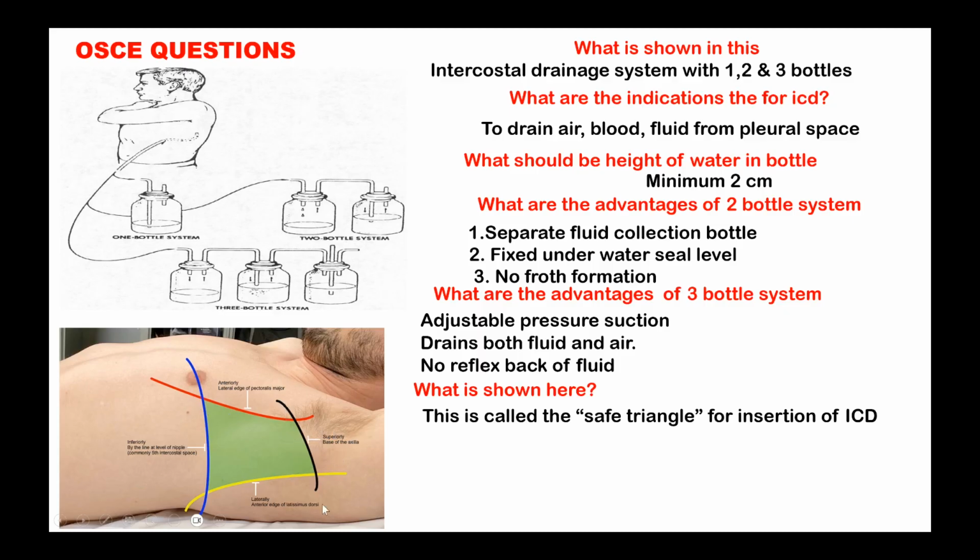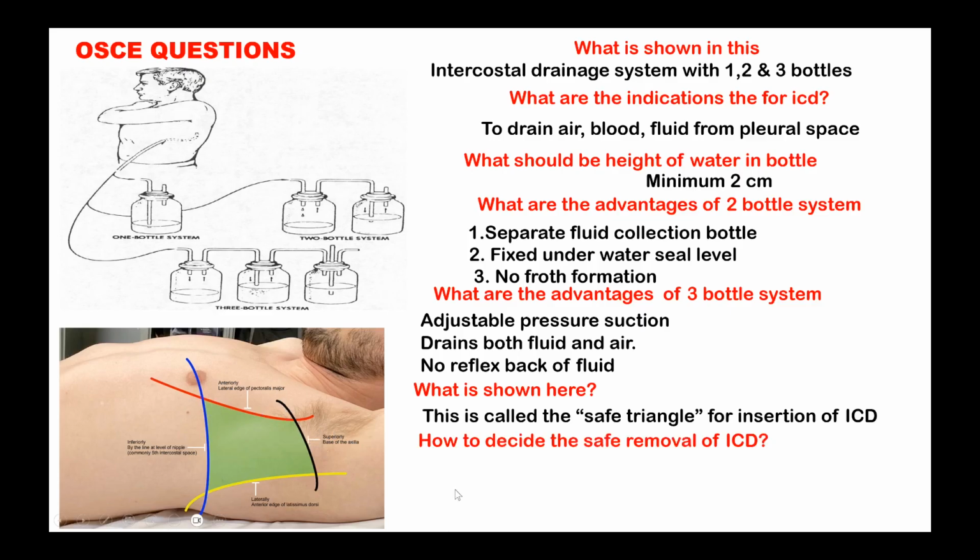But here, just to mark it, they have made it as a black line. So actually it is the apex of the axilla, base of the axilla. So these are all the boundaries: lateral edge of the pectoralis major, anterior edge of the latissimus dorsi, fifth intercostal space and base of the axilla.